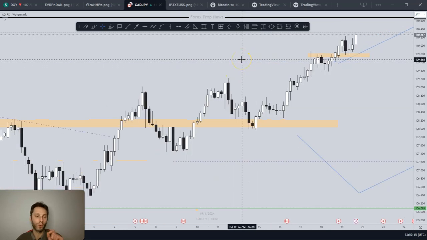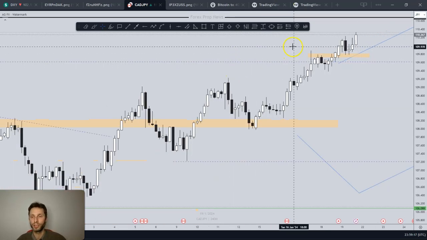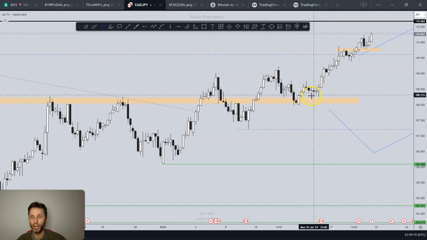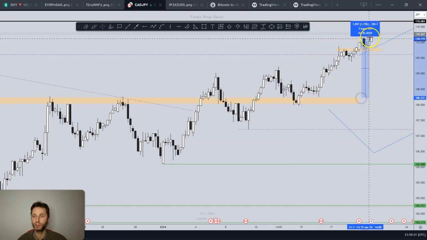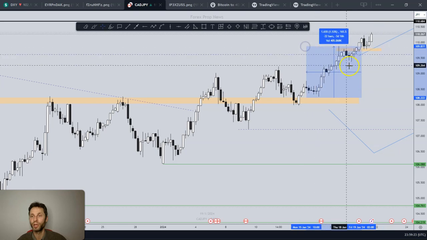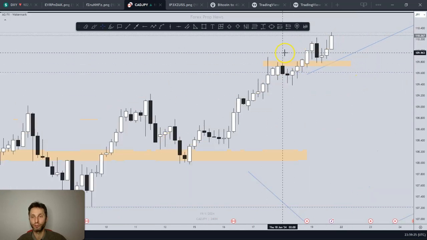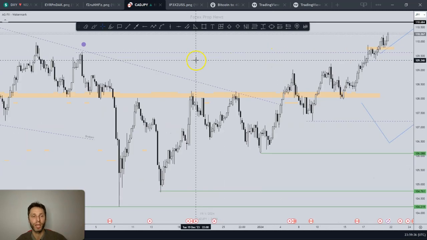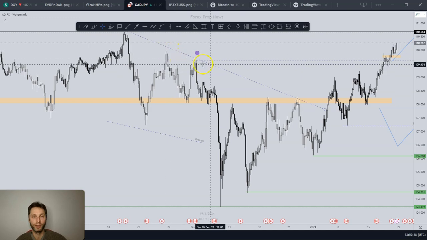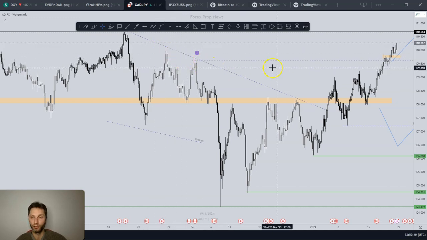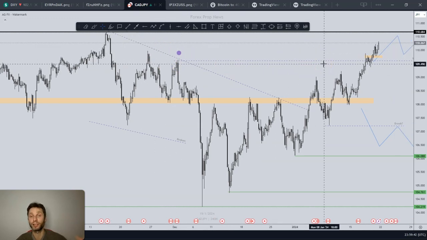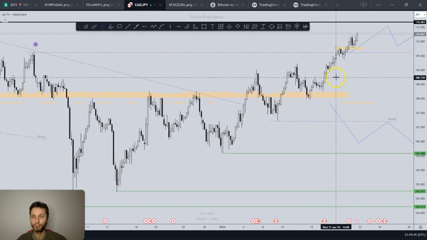However, the reason why this would not be a good, high quality setup for me is because we had this whole movement, all this 200 pips, the whole week, just a straight rise. So for the market to move even further, of course you never know, but the probability of it moving even higher gets reduced and reduced, especially as we're coming into this level and hitting these highs over here, despite the fact that we are now bullish.